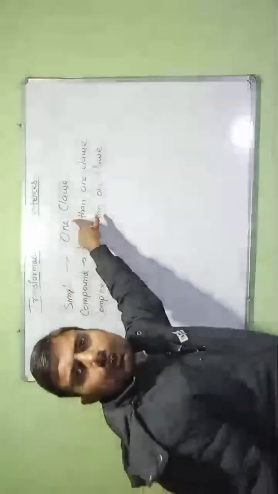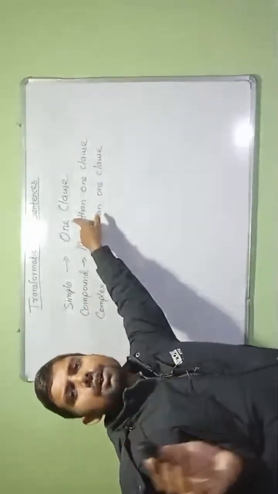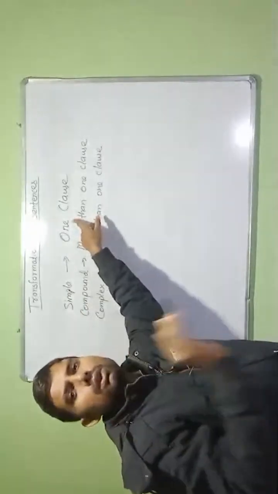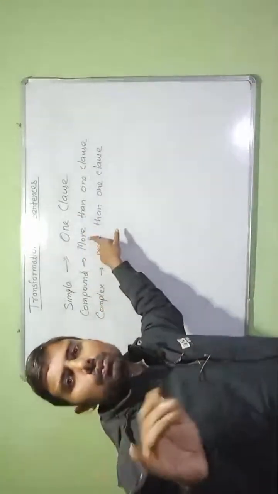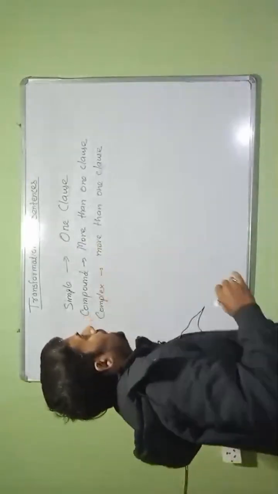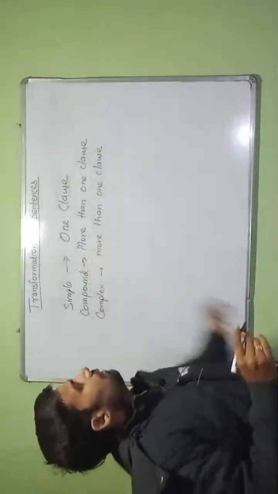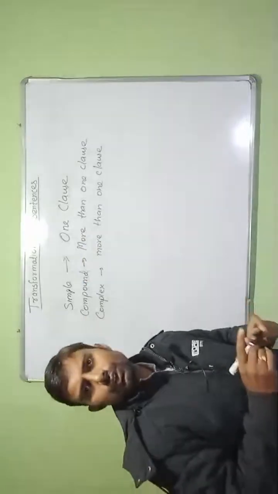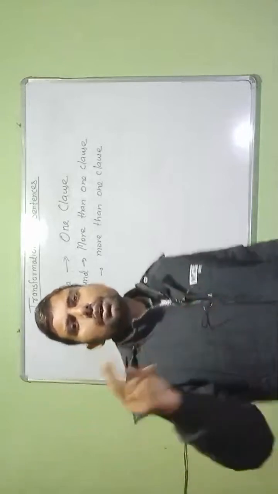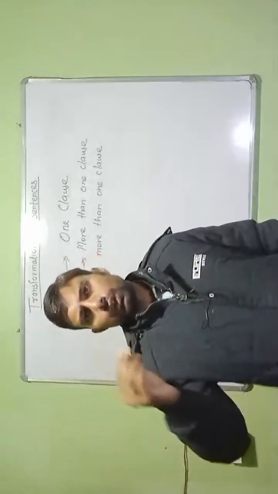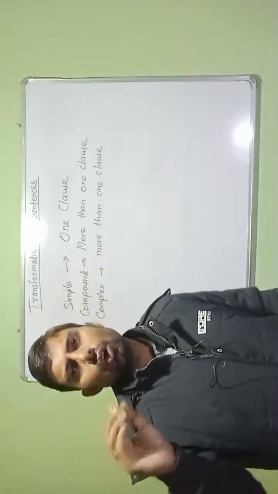That means you will need to change another phrase or another word into another clause. Whichever phrase you have, you will need to change it into a clause, so that it has at least two groups of words which are clauses.